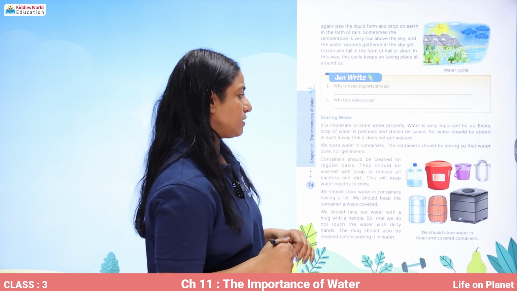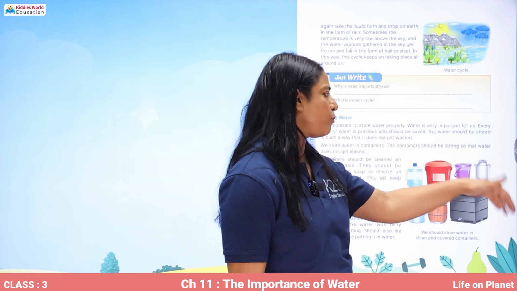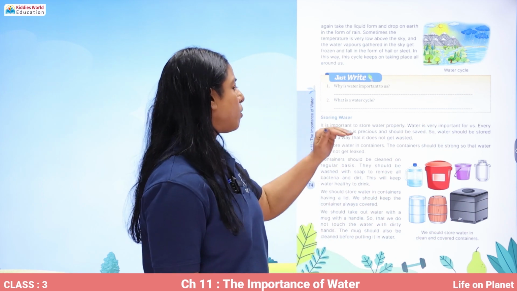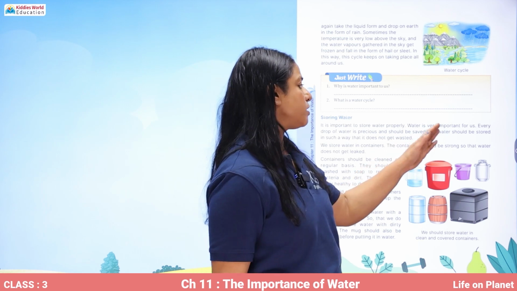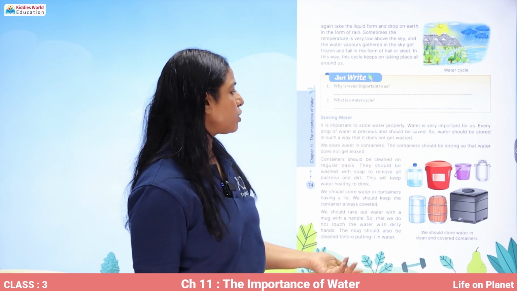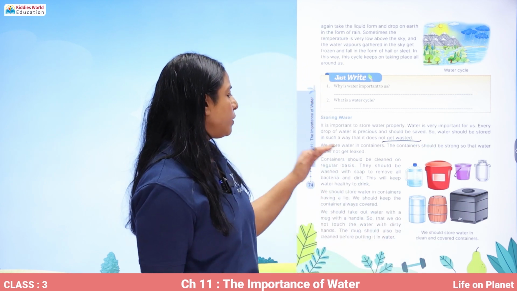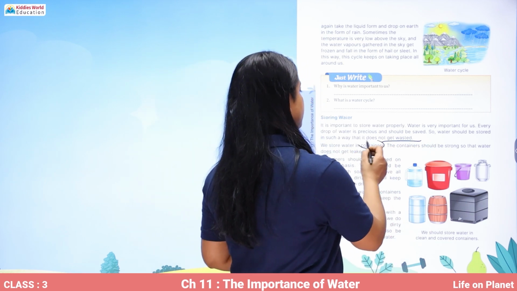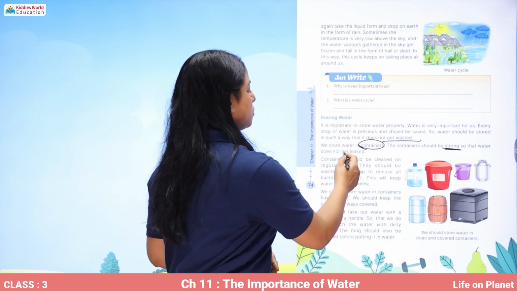All right, so let's see. It is important to store water properly. Water is very important for us. Every drop of water is precious and should be saved. So, water should be stored in such a way that it does not get wasted. We store water in containers, and the containers should be strong so that water does not leak.